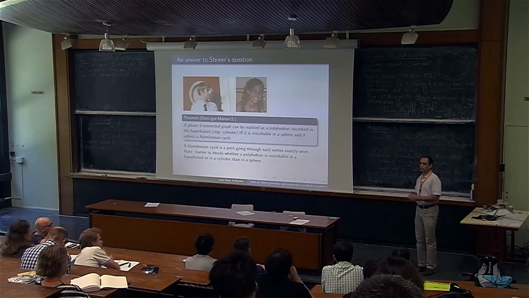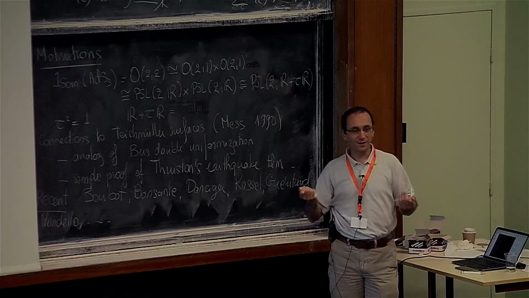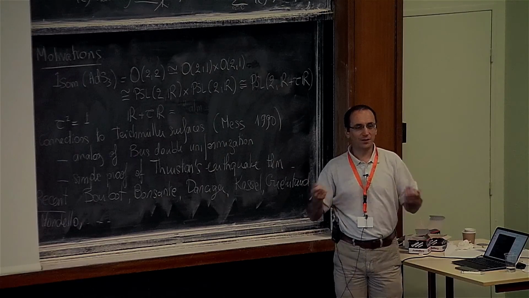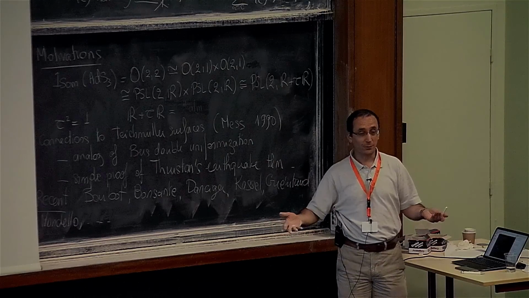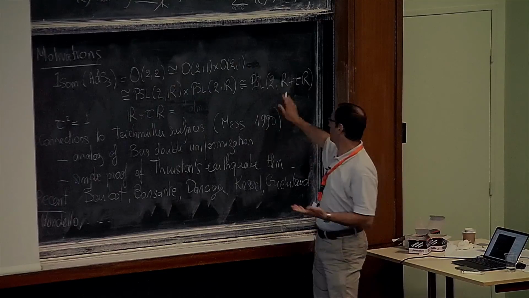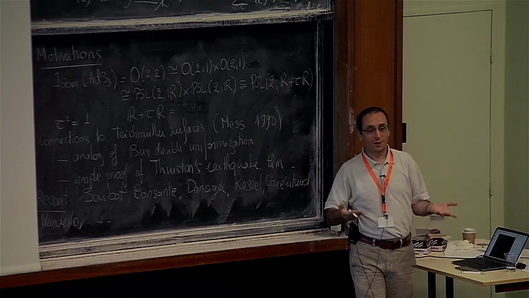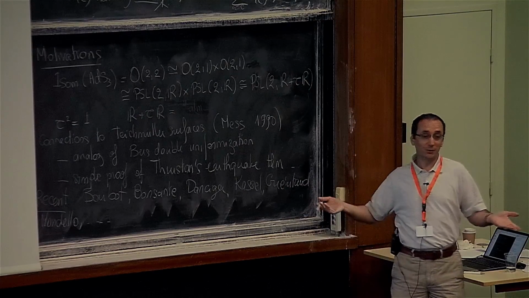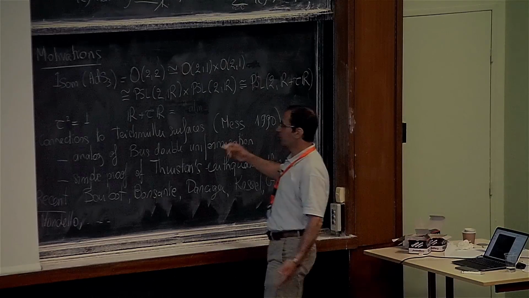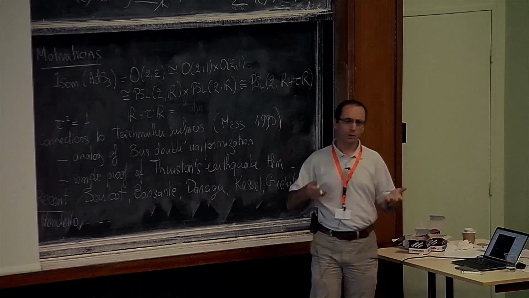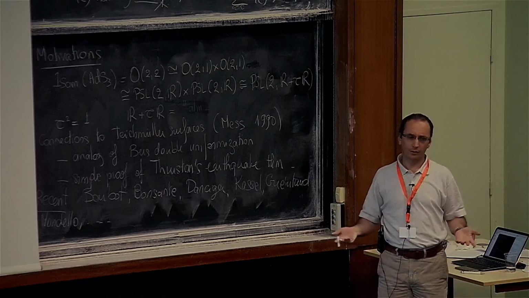Like when you want to define complex numbers, how do you do this? You take some formal variable i, and you define it in such a way that i squared is equal to -1, and you take the set of numbers of the form R plus iR. And here you do the same, and you find things that are called almost complex numbers, or Lorentz numbers, or double numbers. I mean, there are many names.